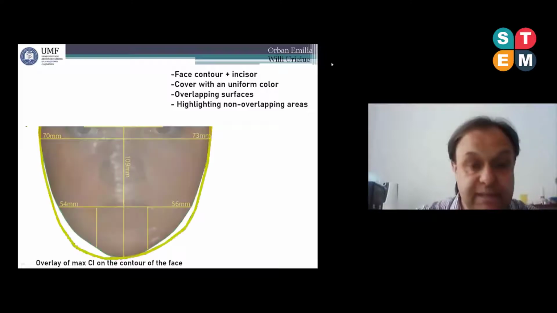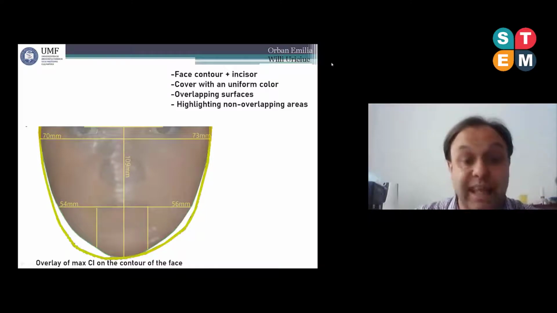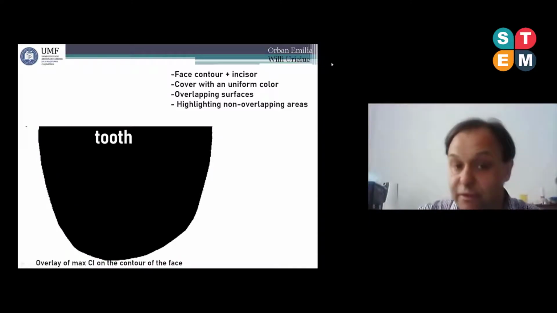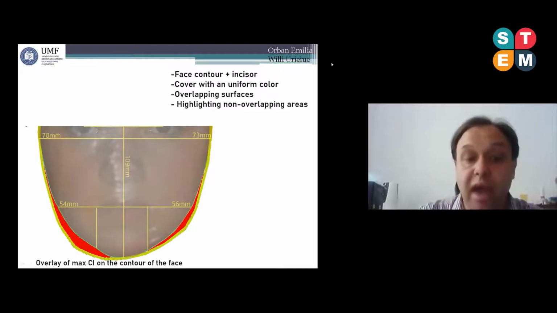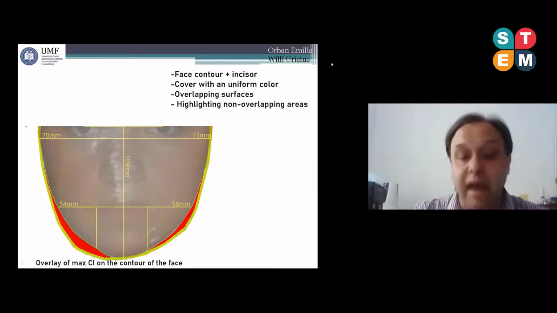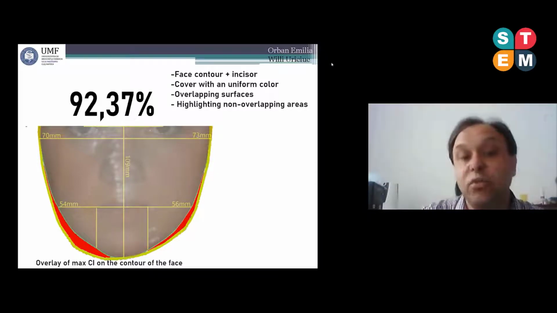We have the face, the measurements, and the tooth contour. We see that the tooth contour exceeds the face, and we have an overlap from 90 to 37%. That means we have a good precision of fitting the face contour and the tooth contour.